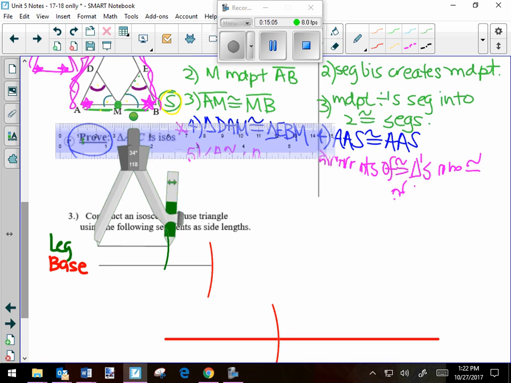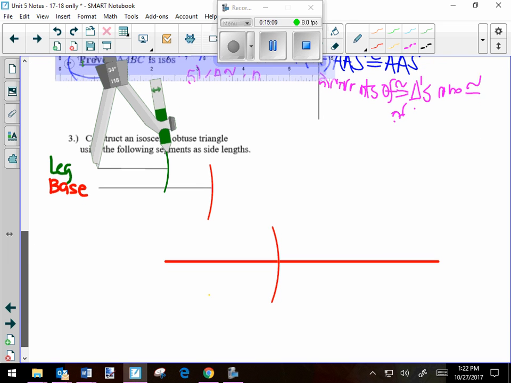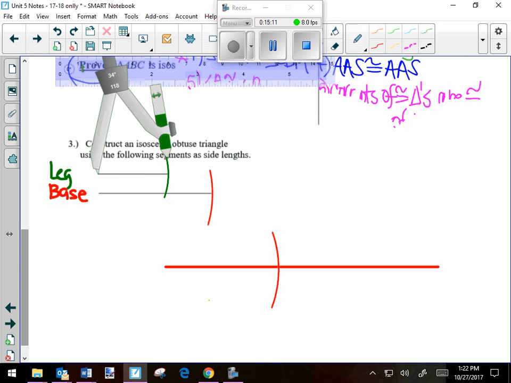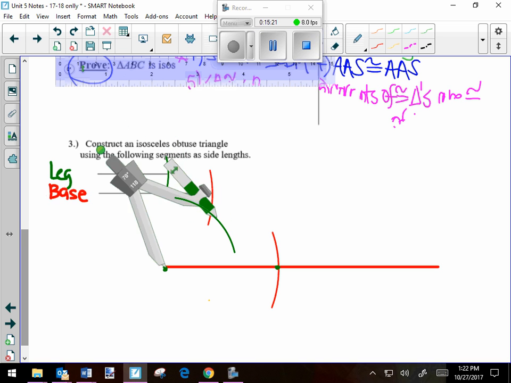I'm going to say, okay, I need my two legs to be this particular size. My legs will start one of them here and one of them here. So I'm going to take that measurement on my compass, put it at one end point, and make an arc up here.